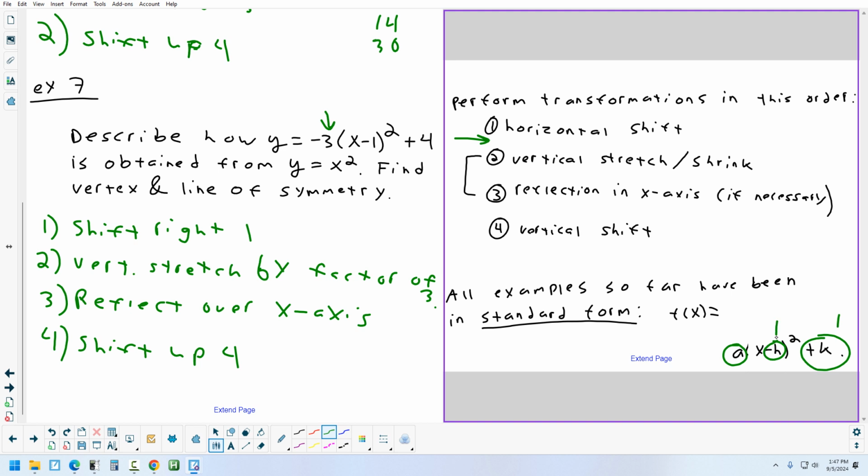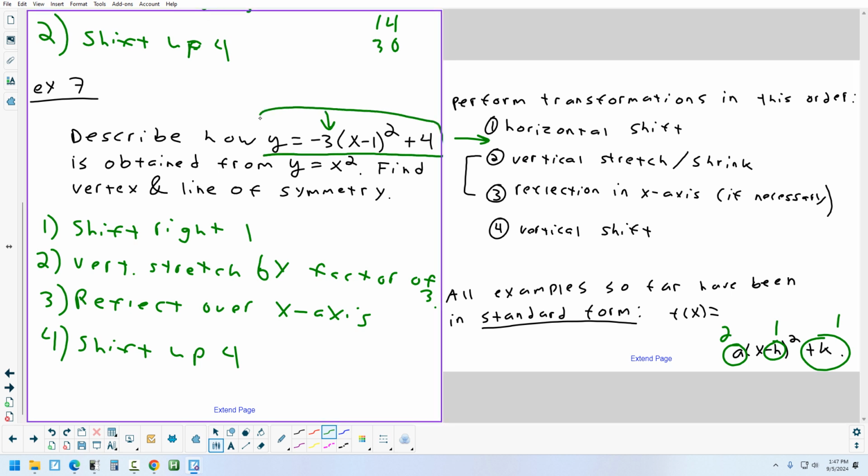That can give you one. This one can give you 2 if there's a negative with the number. Okay, and every problem that I give you will always be in standard form. I'm not going to give you one that's not set up something like this.